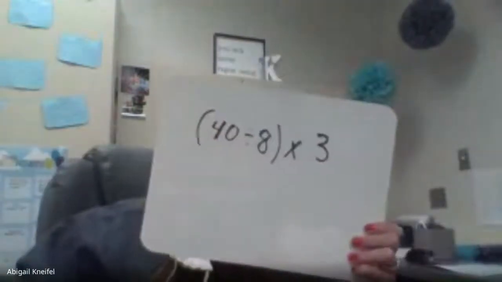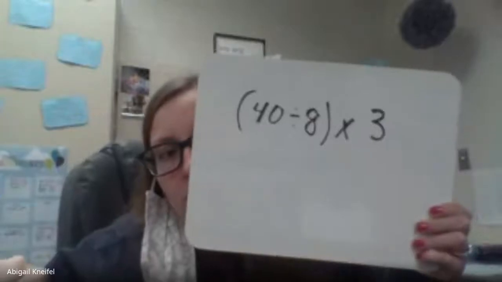The 40 divided by 8 is in the parentheses. As you finish, just give me 1 second. Some people are still finishing up.